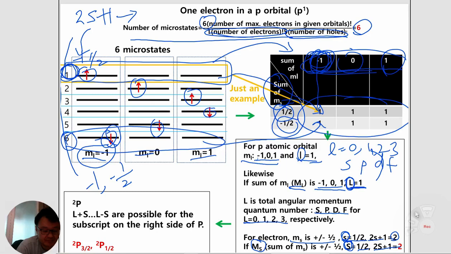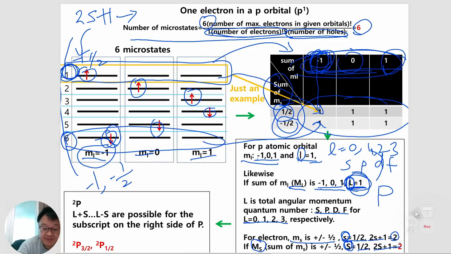So how do we make a term symbol? We know that now L is 1 from this table because the capital ML would be minus 1, 0, 1. So L equal to 1 should have the capital P as its symbol.